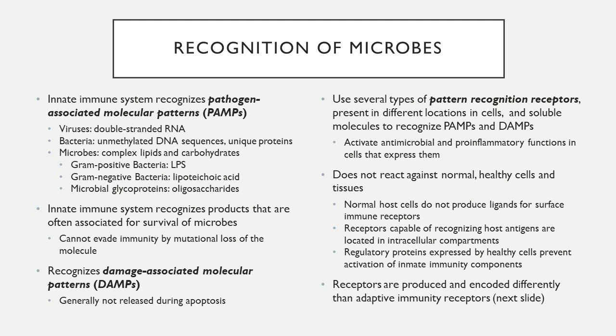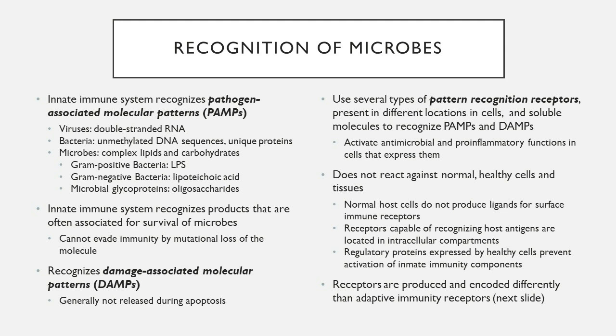And what's important about this is that these damage-associated molecular patterns are generally not released during apoptosis. Right? Apoptosis is a perfectly normal cell cycle occurrence, so you wouldn't want to initiate an immune response simply from that. Okay? This is usually a result of cells having some kind of injury or damage, and thus trying to alert the immune system that something's going on.